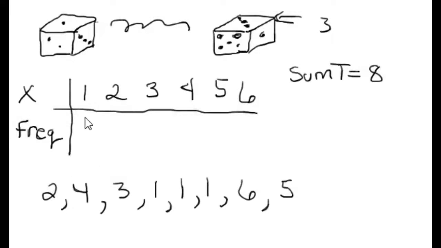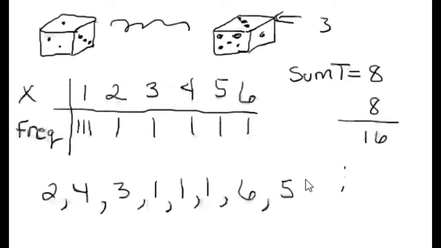So we got only one 2, one 4, one 3, three 1s, one 6, and one 5. We add up all the tally marks, and it's just a coincidence that they summed to 8 also.